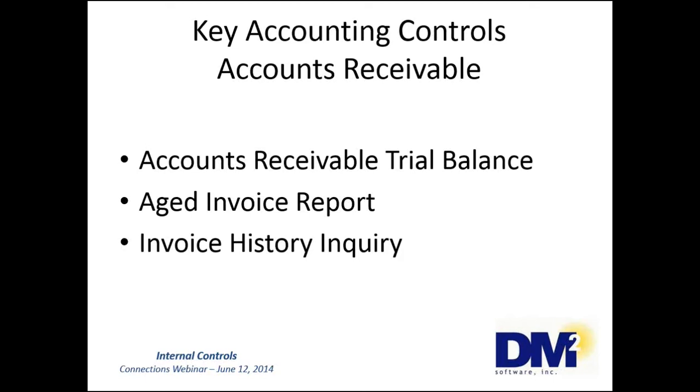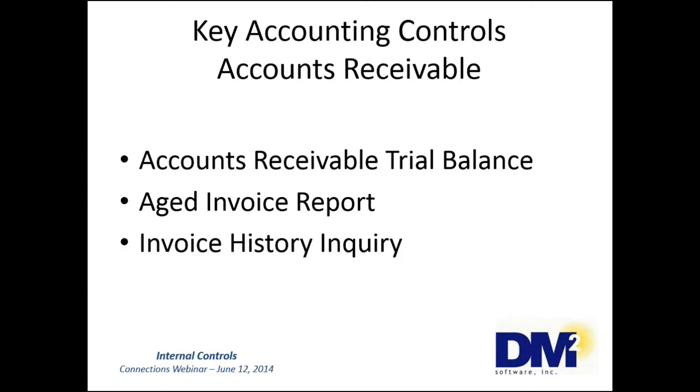The key accounting control reports for accounts receivable include the Accounts Receivable Trial Balance, which provides a complete recap of the accounts receivable invoices, detailing receipts and adjustments and all other activities which affect accounts receivable balances. The Aged Invoice Report is used to tie to the General Ledger Control Account.